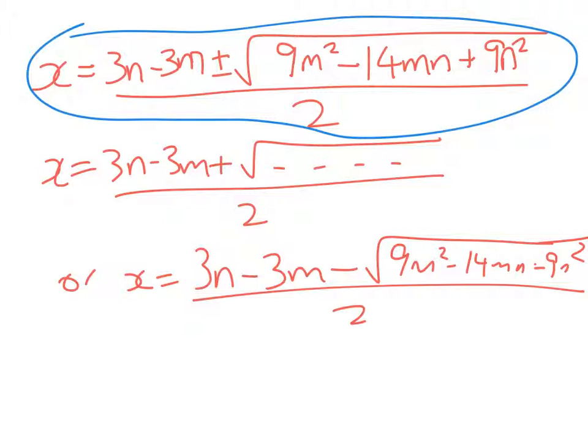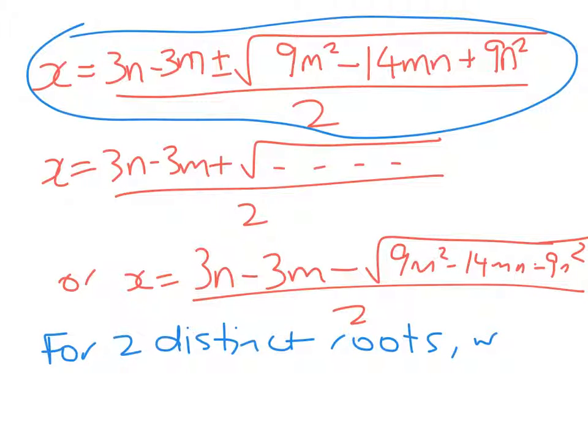The next thing is that we're asked to give an inequality so that the equation has two distinct roots. Now the good news is that we have done nearly all the work for this. For two distinct roots, this is a discriminant problem, we need b squared minus 4ac strictly greater than 0.